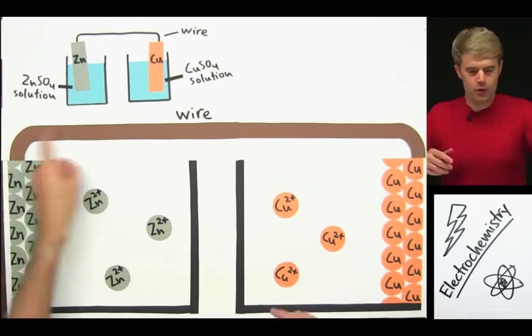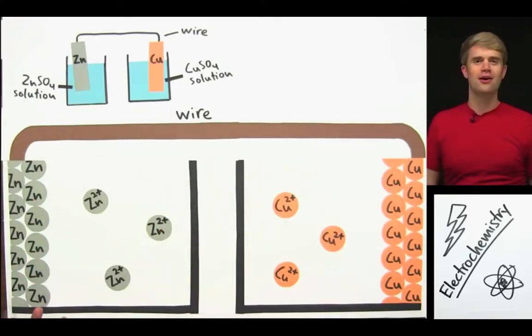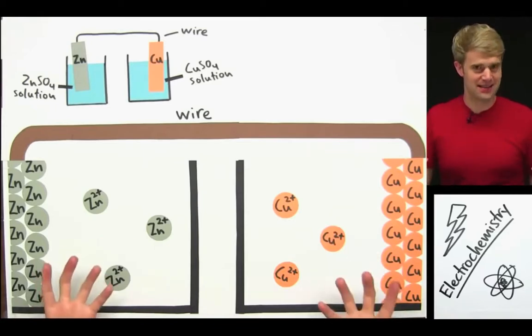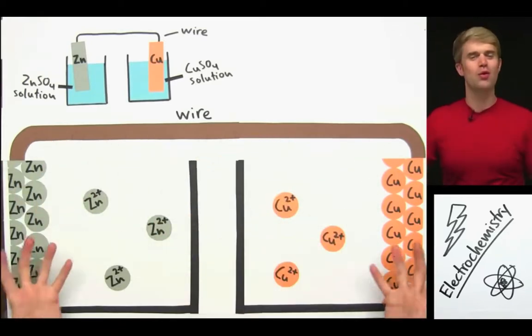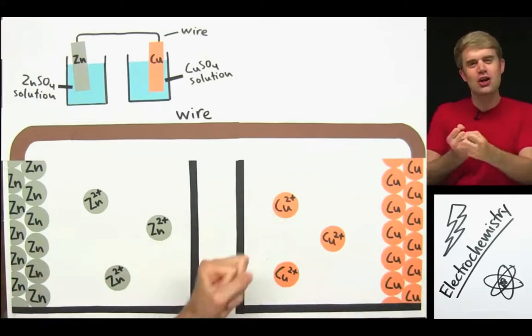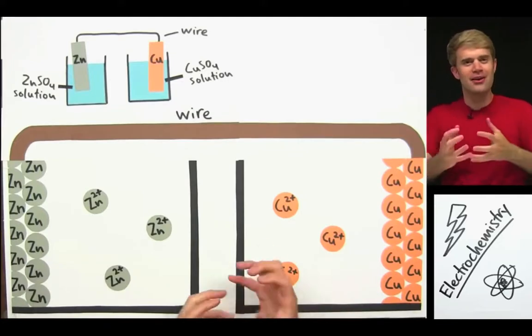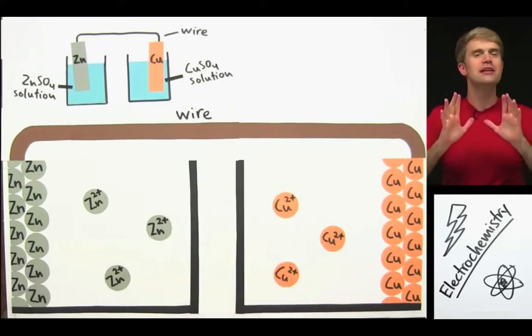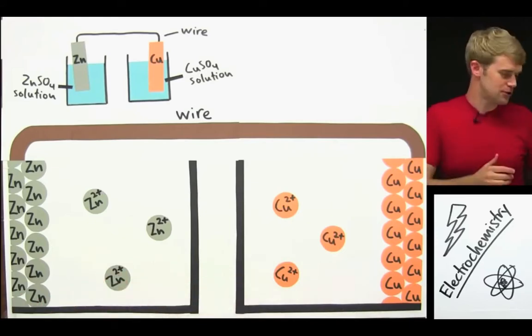And we've said that when we hook everything together, electrons start flowing through this wire. Well, why is that? When we connect these two pieces of metal with a wire, it kind of starts a tug of war between the zinc and the copper. They're having a tug of war for the electrons. One of them wins and one of them loses.